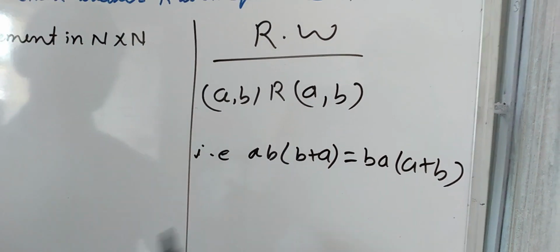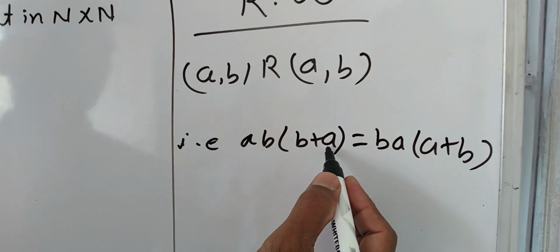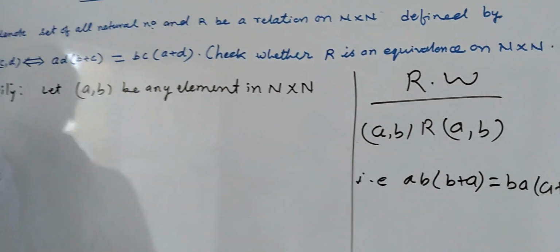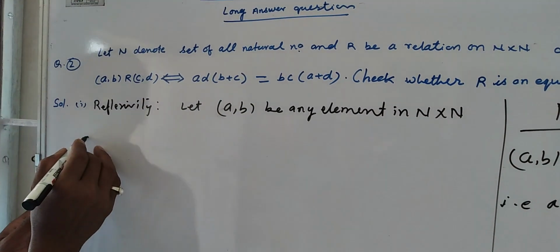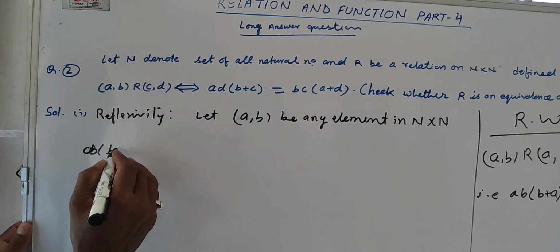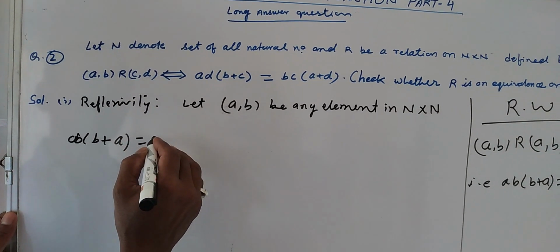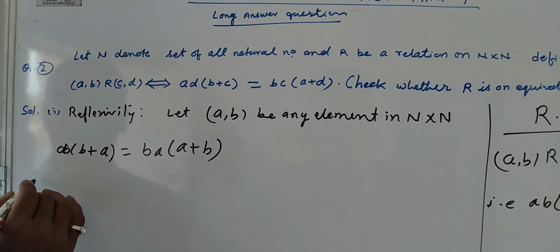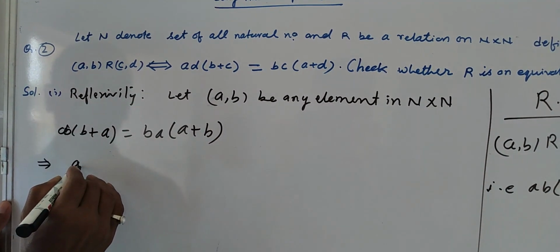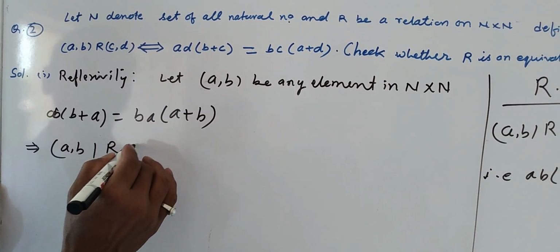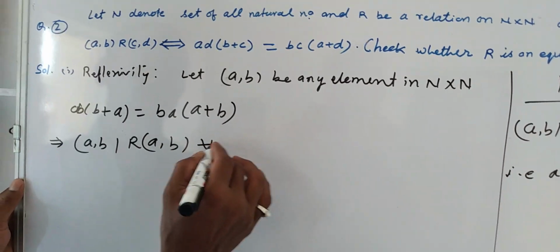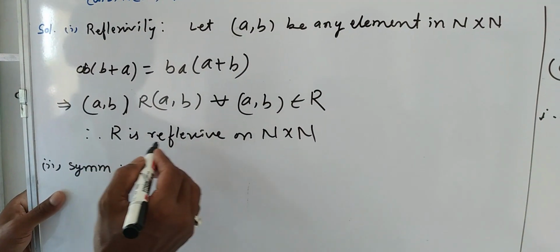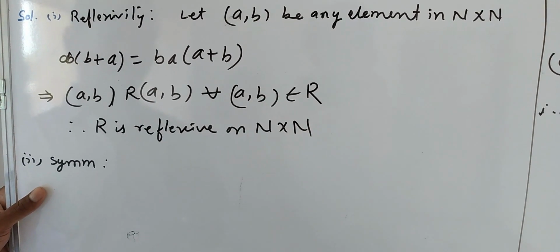This is obviously true because both sides have the same value. So since ab(b + a) = ba(a + b), this implies (a, b) is related to (a, b) for all (a, b). Therefore, R is reflexive on N cross N.